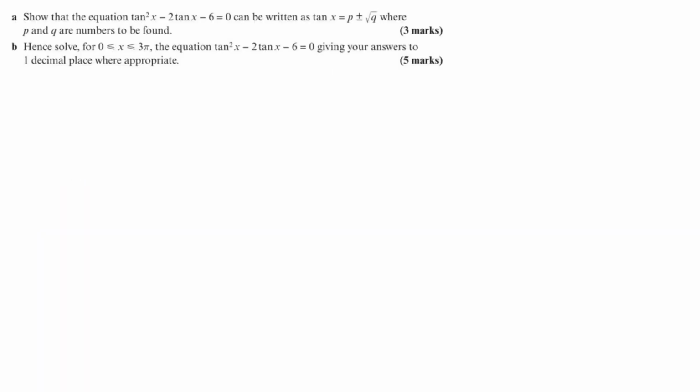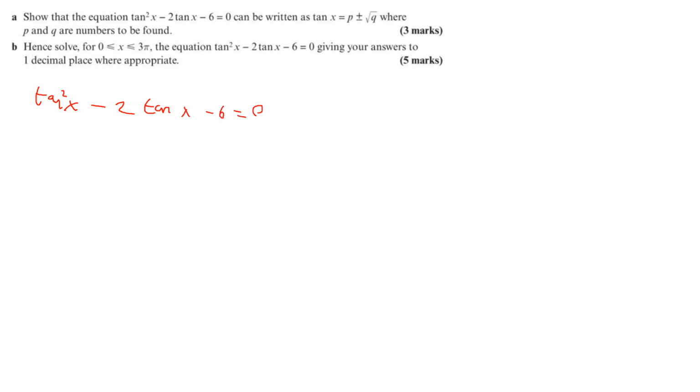Now let's look at this example. Show that the equation tan squared x minus 2 tan x minus 6 equals 0 can be written as tan x is equal to p plus or minus root q, where p and q are numbers to be found. Well, tan squared x minus 2 tan x minus 6 is equal to 0.